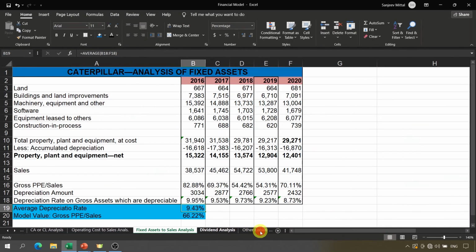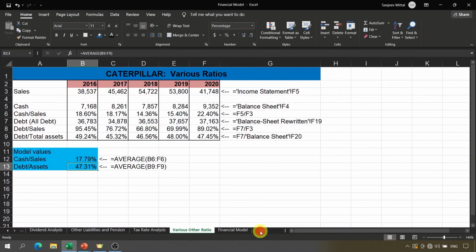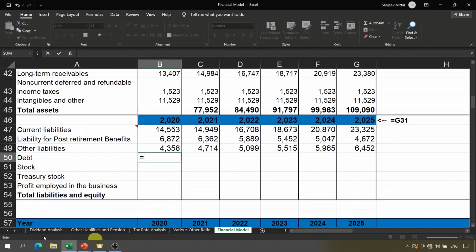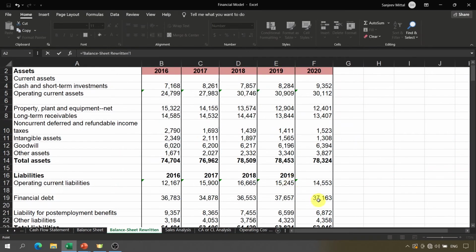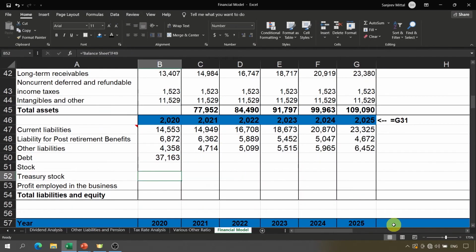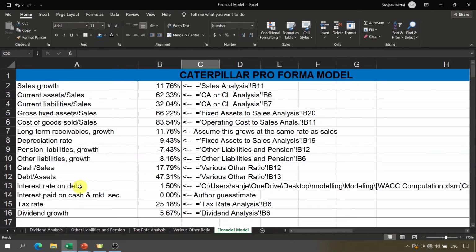Wait for a second, I have not used the equal sign here. So if I use the equal sign here and we go to our rewritten balance sheet and select our financial debt for the year 2020, we can simply write it as 37,163. Once we have written this financial debt, we can go towards our modeling, as you can see, and we already know that our debt is 47.31% of our total assets.